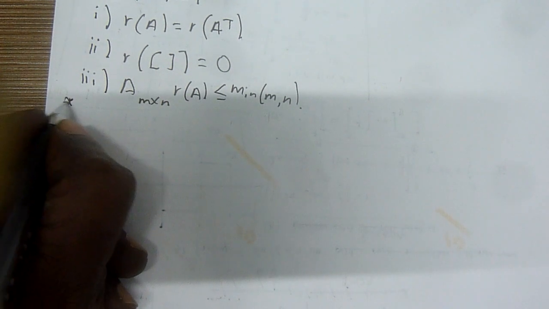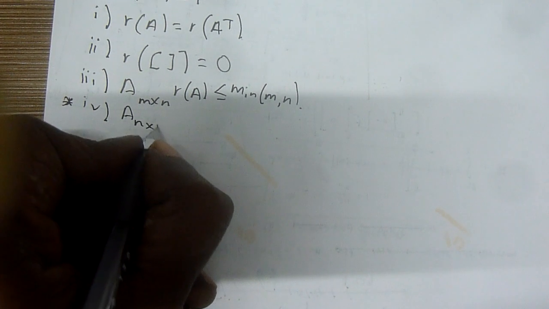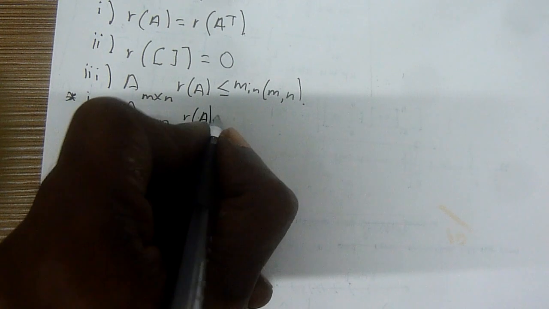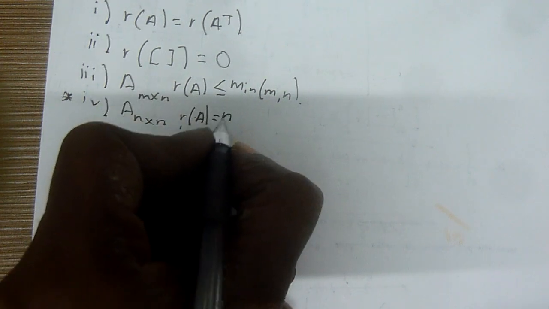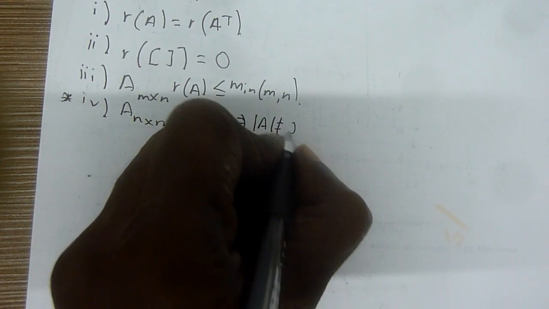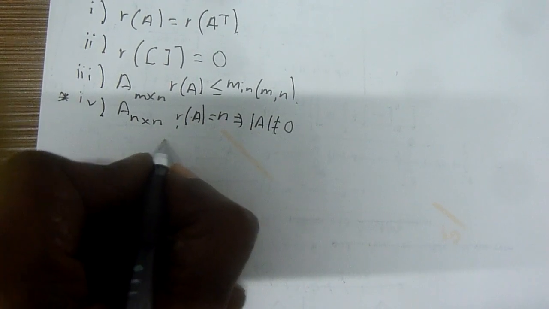This is a very important one. I think I'm jumping very fast. I know some of you may please do some simple revision. If the rank is n, then we equate that to A not equal to 0, we call that non-singular. This is very important.